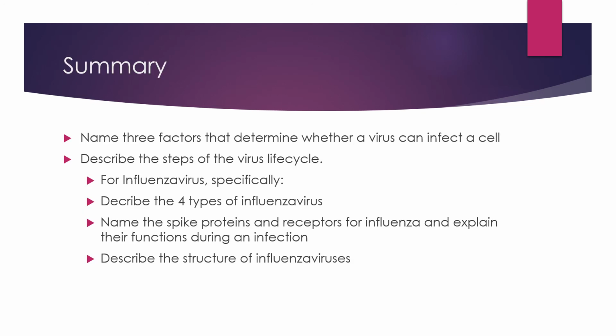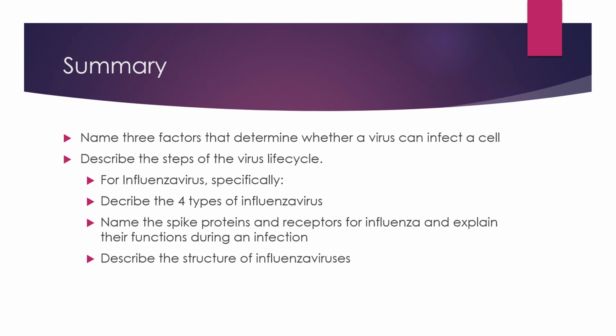So that's it. In this video, I named 3 factors that determine whether a virus can infect a cell. Number 1, the number of viral particles. You have to have enough of them to make it past the host's defenses in order to reach their target and cause an infection. Number 2, the tissues and cells inside the host have to have the appropriate receptor. That receptor has to be available for binding and susceptible to binding, meaning the host has to have kind of a low immune system, lower defenses.